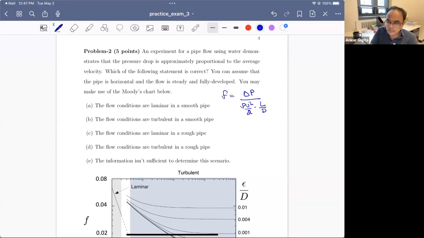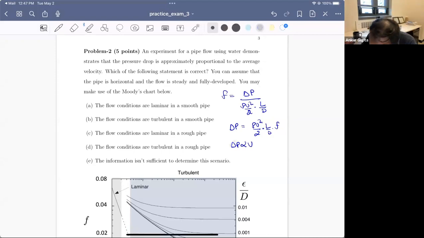So now this is saying that delta P is equal to rho U square by 2 into L by D into friction factor. So basically, the condition given to us is that delta P is proportional to U, the average velocity.